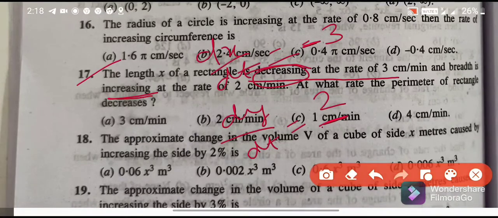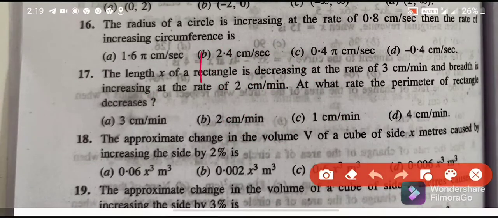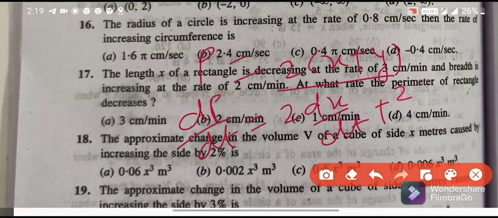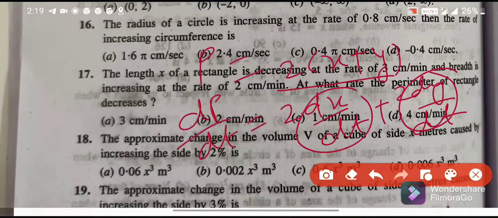Now perimeter of the rectangle is equal to 2 times (x plus y). Now rate of change of perimeter is equal to 2 dx by dt plus 2 dy by dt. Now put values of dx by dt and dy by dt in this equation. dx by dt is equal to minus 3 and dy by dt is equal to plus 2.